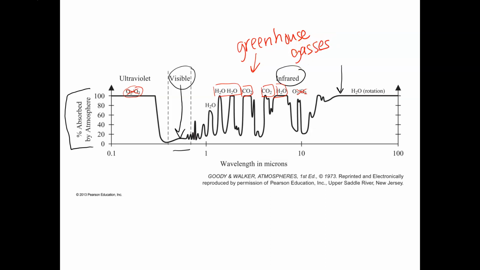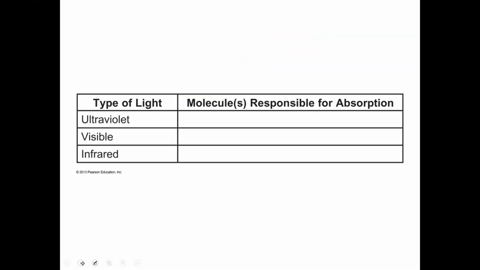So with that information, we can move forward and think about what's going on with our atmosphere and with the sun that's coming in. So you can fill in that.